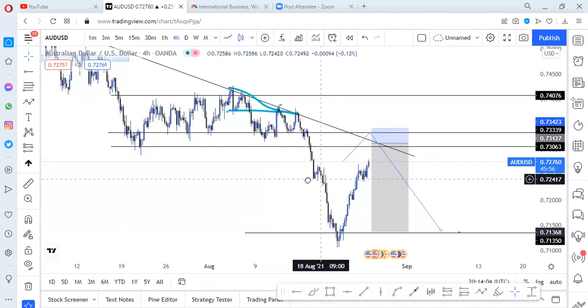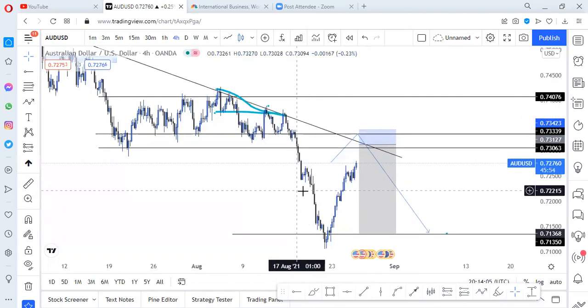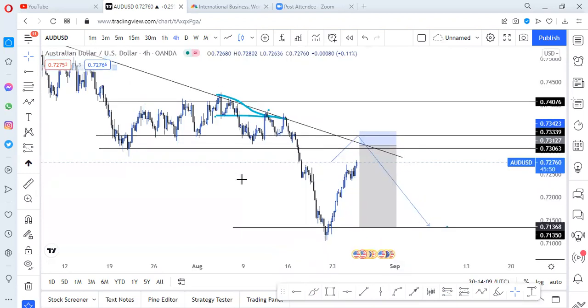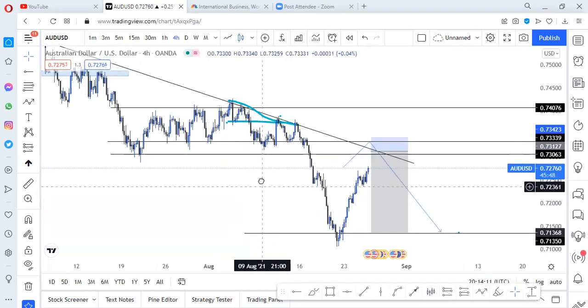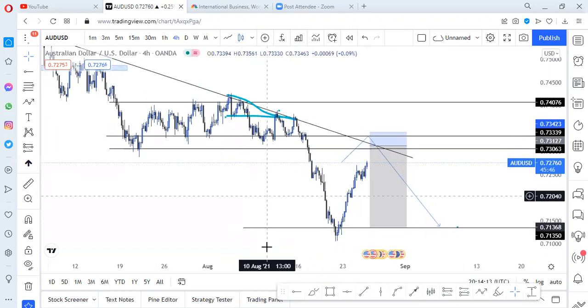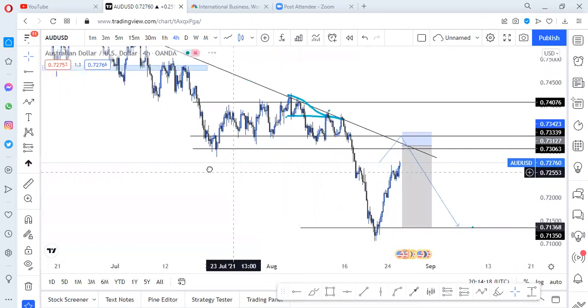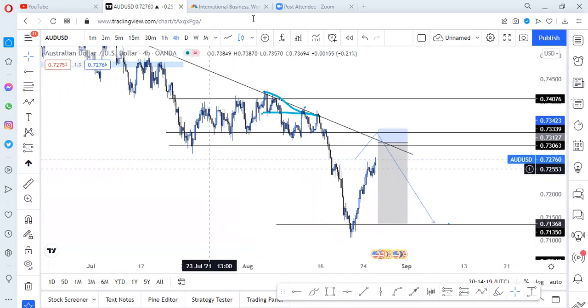So now, I think everything is clear here. We can just wait and see what's going to happen. Sometimes less is more. You don't need to complicate things by adding all those unnecessary things. Sometimes less is more.